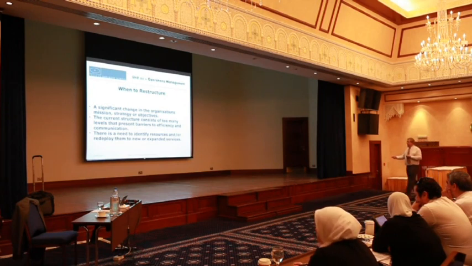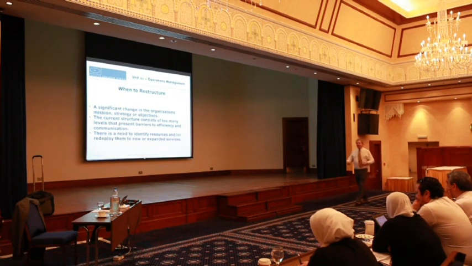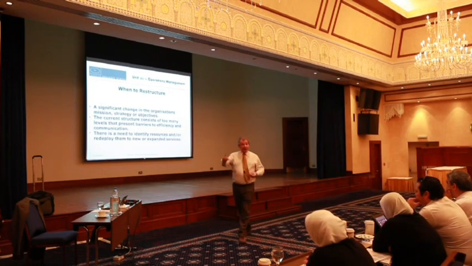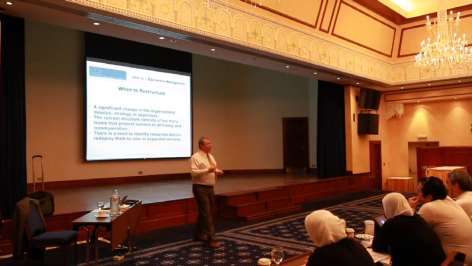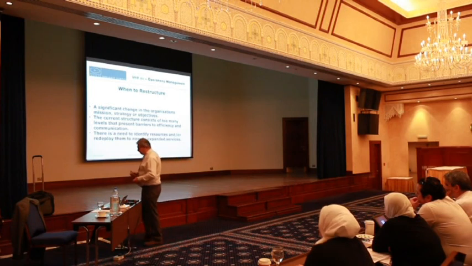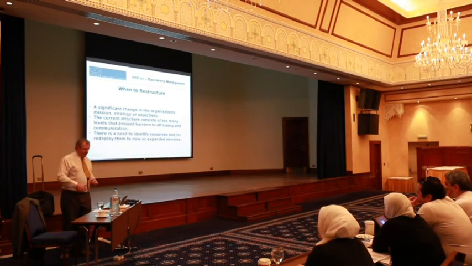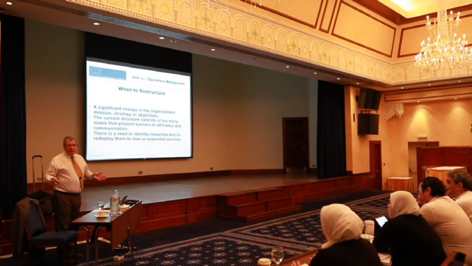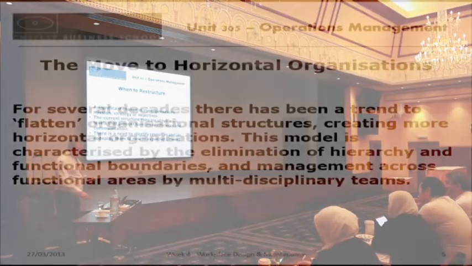There is a need to identify resources and redeploy them to new or expanding services. If you see something out there that needs to be done, and you have the resources, go out there and do it. But you've got to have the will to actually do it. We're talking about some fairly large restructuring examples here, but even in our own businesses and organizations, these are very important.